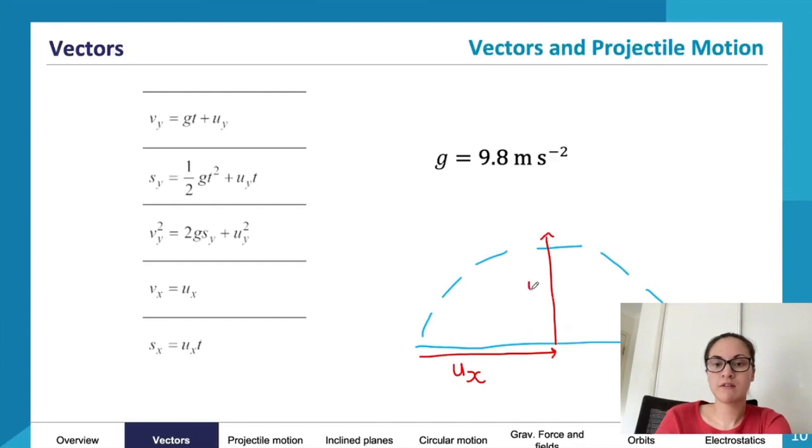This is initial velocity in the vertical direction. Oh wait, did I say horizontal for the bottom? Horizontal is Ux, Uy is vertical.